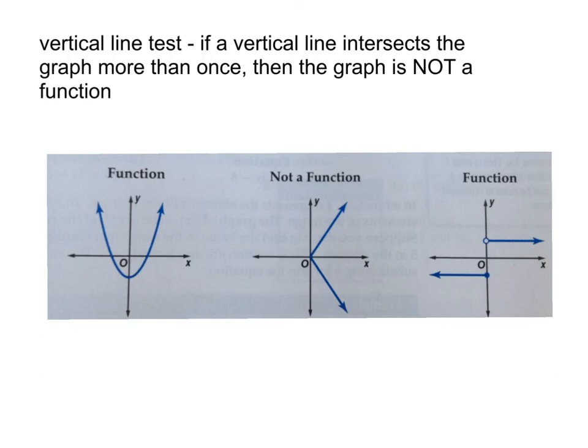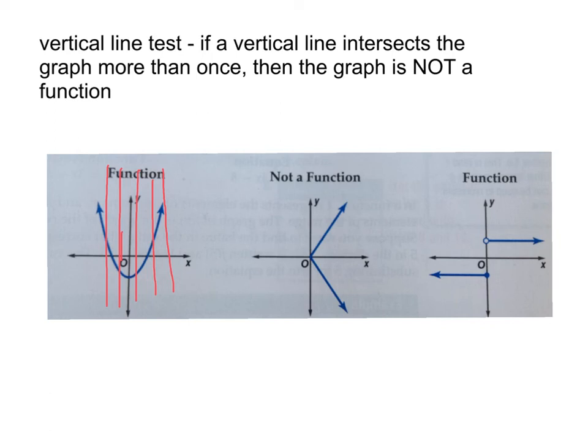So if I draw a vertical line, I draw several vertical lines through each of these graphs. Let's start with this one. If a vertical line intersects the graph more than once, then the graph is not a function.